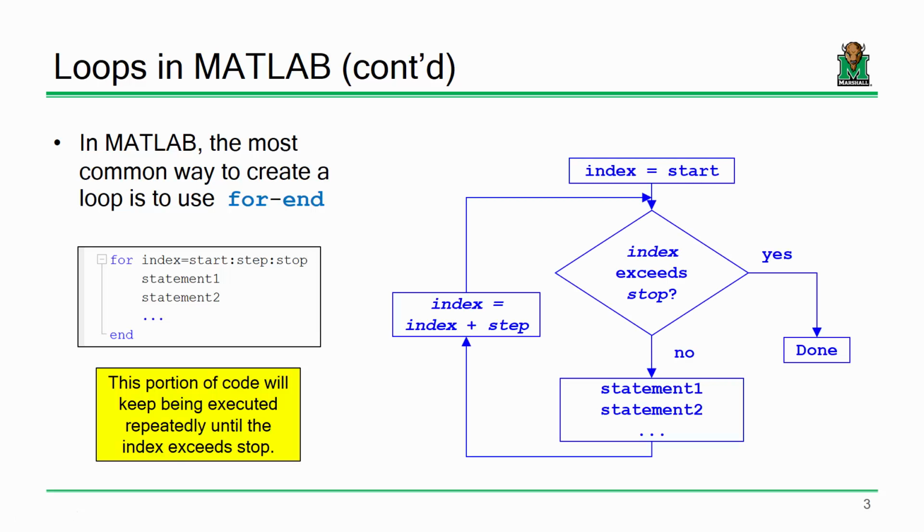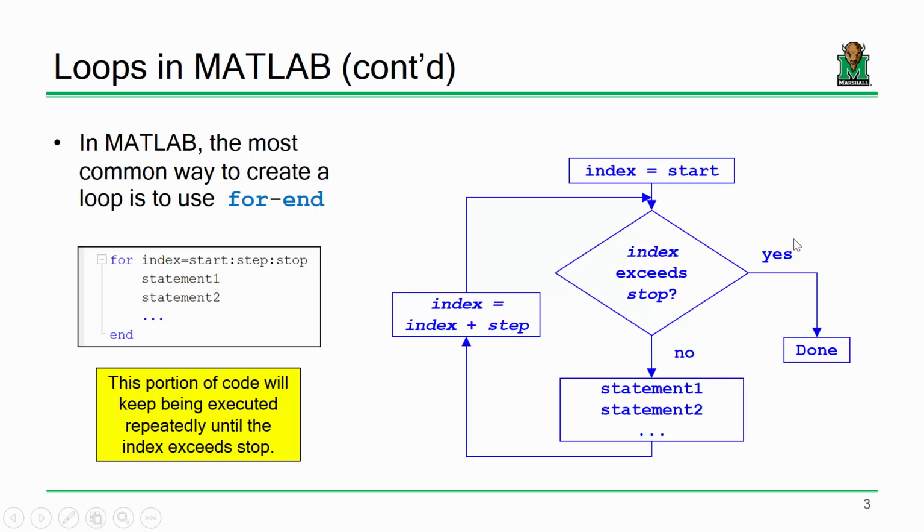Now here is a kind of a flow chart that shows how the logic behind the for end operates. And so the variable, which here we're calling index, that's a counter variable. So it begins at a starting number, maybe 1. And MATLAB is going to ask itself, is the index value that I'm at right now equal to the stopping index?